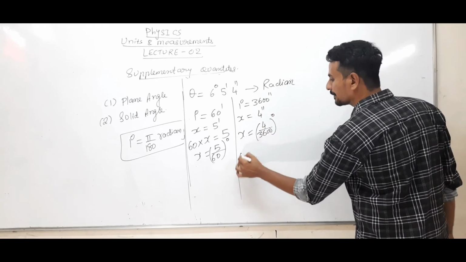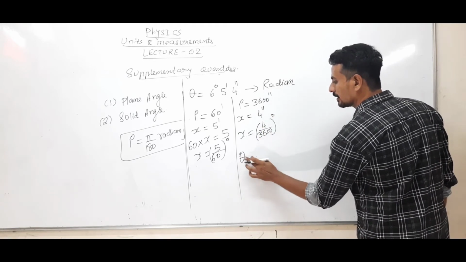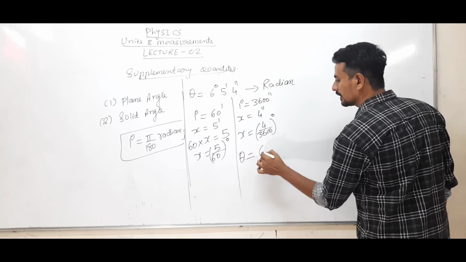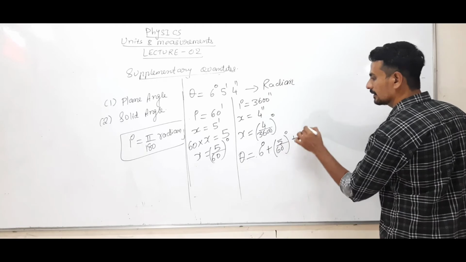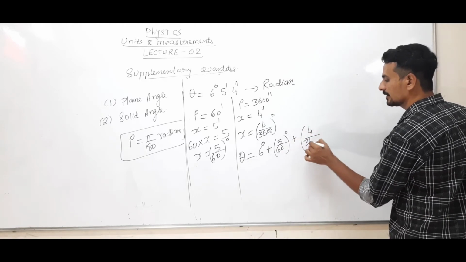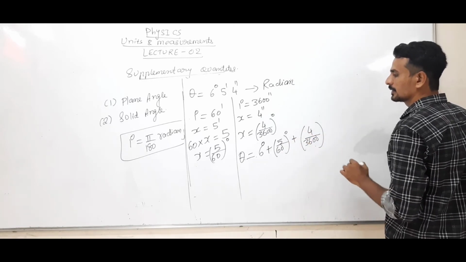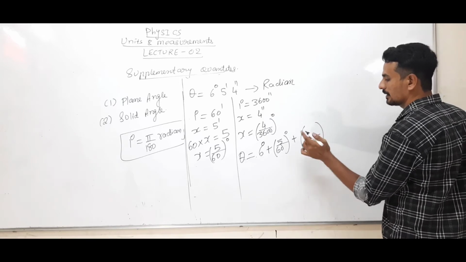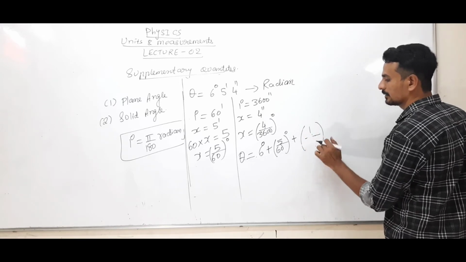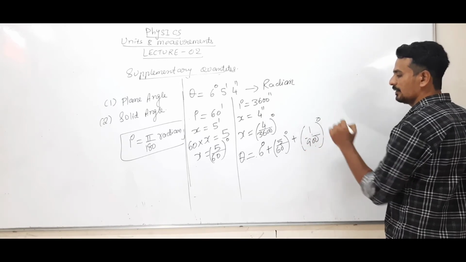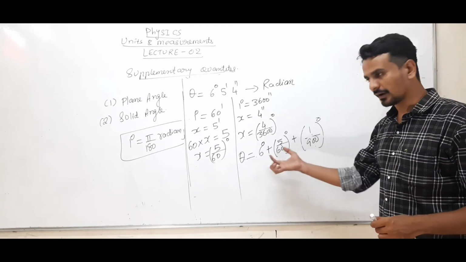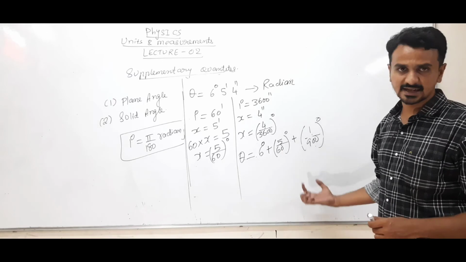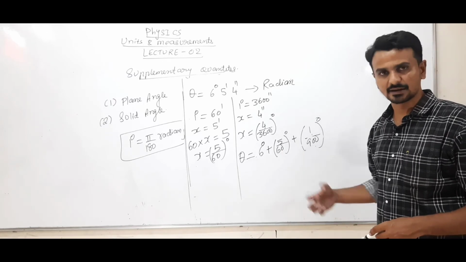So finally theta can be written as 6 degree plus 5 by 60 plus 4 by 3600. 4 by 3600 means 1 by 900. Let us add this. Our final answer will be in degrees. Clear?